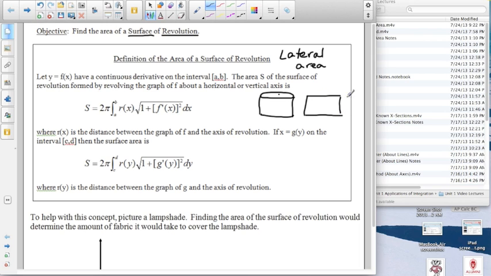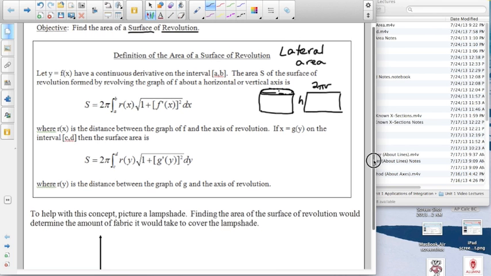Then the length of the top is going to be the distance around this curved surface. So that's going to be 2 pi r, or the circumference of that circle, where the radius is from the center to the outside. And of course, the height here is just the height of the cylinder. So that's your typical lateral area problem for geometry.